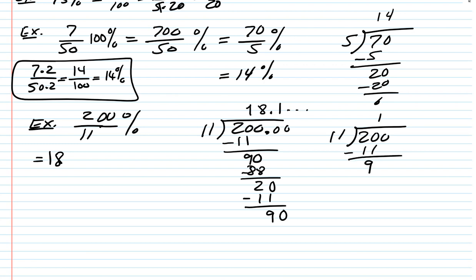Subtract, we got 9. I brought the 0 down. Then we went 8 times 11 is 88. The remainder was 2, right? So this fraction is going to be 18 and 2/11%. You see how we can actually write the exact fractional form of that.